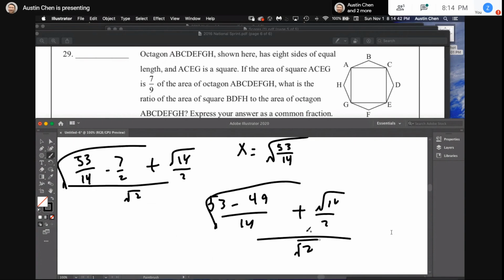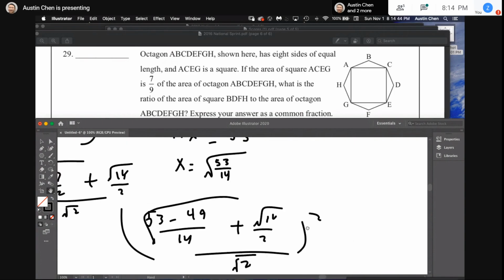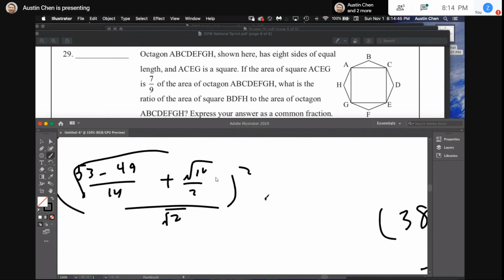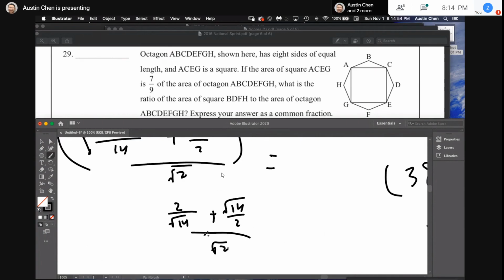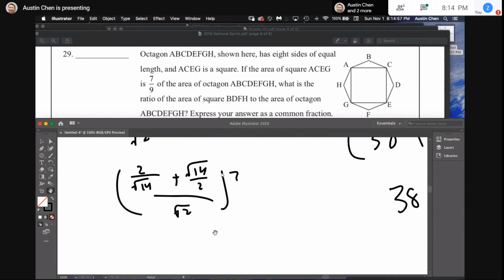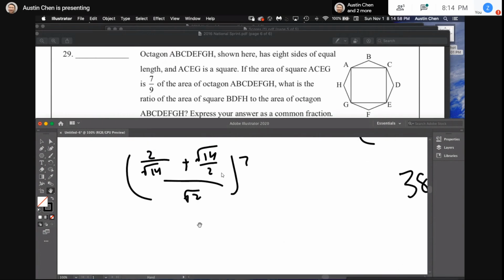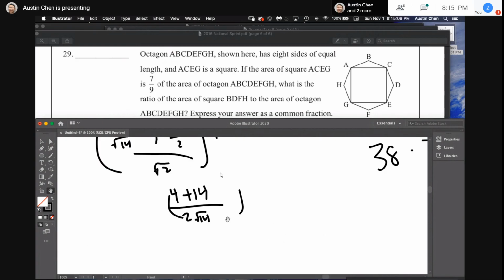Root 2, and then we're going to square that. So this is going to be equal to 2 over root 14 plus root 14 over 2, over root 2, squared. So this will be 4 plus 14 over 2 root 14, I think, over root 2, squared.